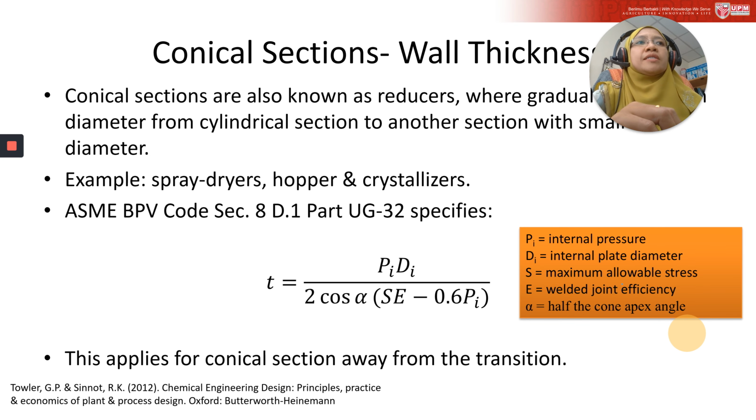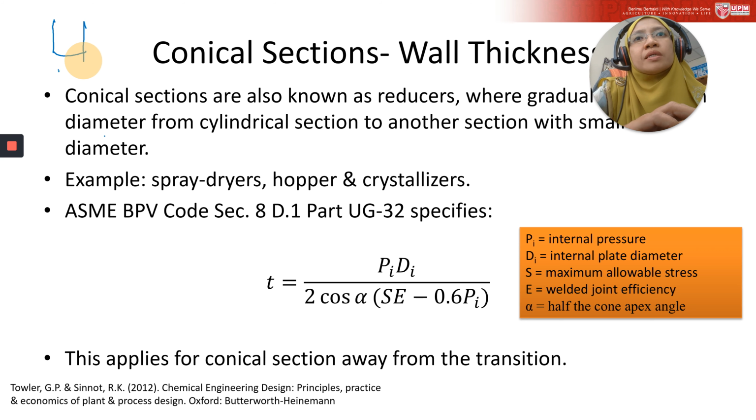For conical section thickness, a conical section is needed when you have part of your vessel that you need to join with another part of the equipment which has a different radius or diameter.